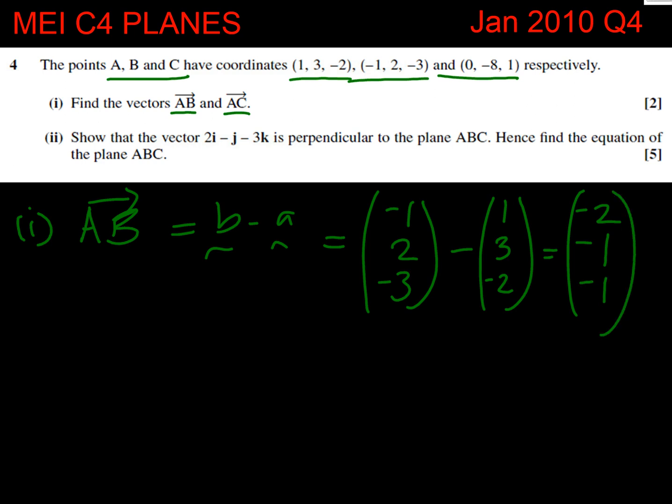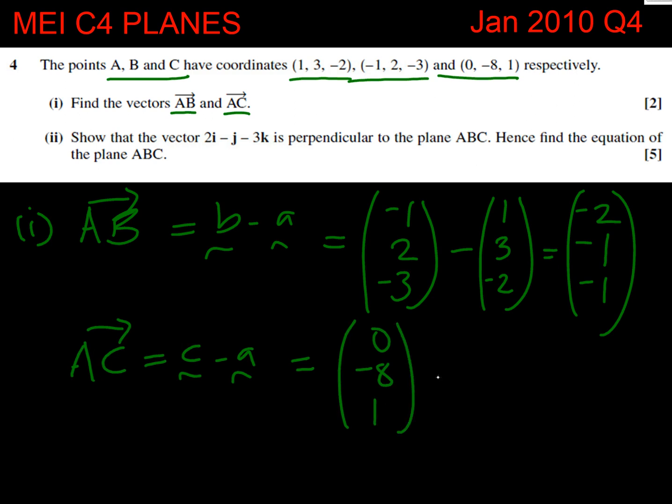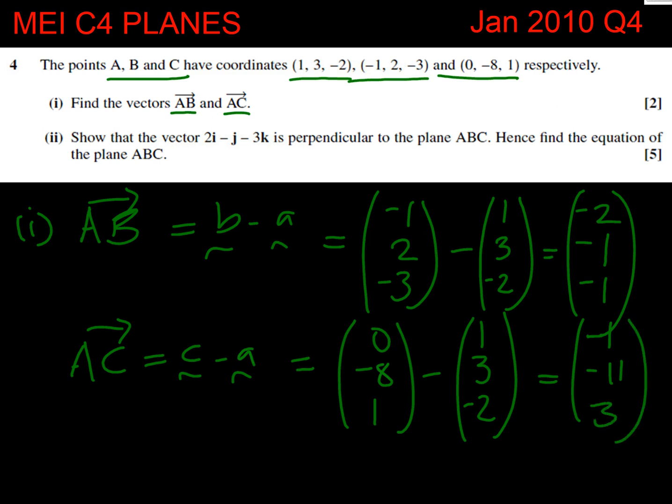So that's our first in-plane vector, and our second in-plane vector is going to be AC, which is C minus A, which is 0, -8, +1, subtract 1, 3, -2. So my vector is going to be -1, -11, +3. So there's our first 2 marks.